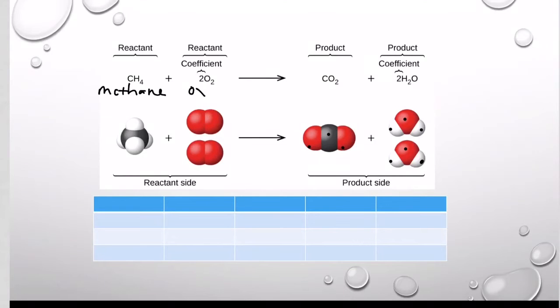O2 is, of course, oxygen, and it's a 2 because it has to be diatomic. CO2. Okay, got 2 oxygens and a carbon. Oh, that's right, this is named carbon dioxide. And then we have, of course, water.